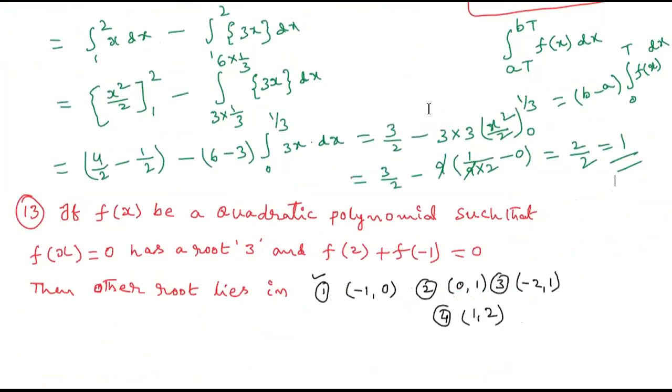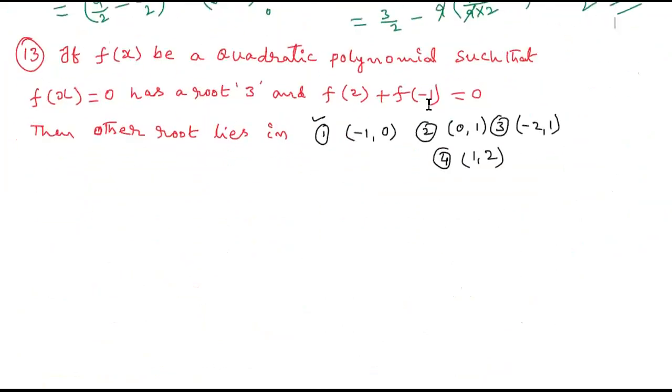Next, I'm going to the 13th question. See here, if f of x is a quadratic polynomial such that f of x equal to 0 has a root 3, and f of 2 plus f of minus 1 is equal to 0, then the other root lies in the interval.